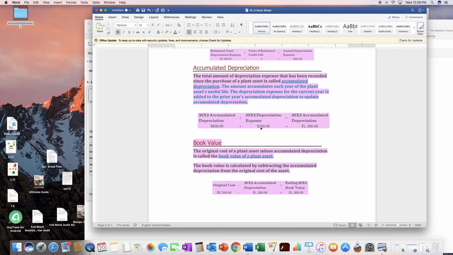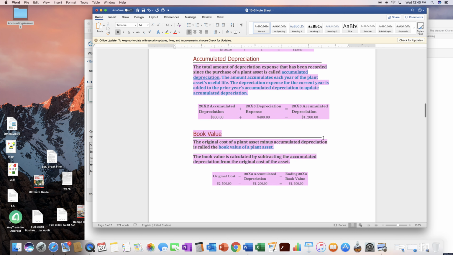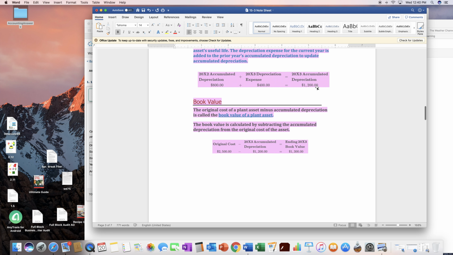We get our next year's depreciation expense, and now after year three, our depreciation expense is $1,200, $400 a year. That is the accumulated. It'd be like snow. It rains 1 inch one day, 1 inch the next day, 1 inch the next day, 1 plus 1 plus 1. It gives us accumulated depreciation or accumulated snow. So then we'll take the book value minus this accumulated depreciation, and we'll get what our ending book value is for that item at the end of year three.